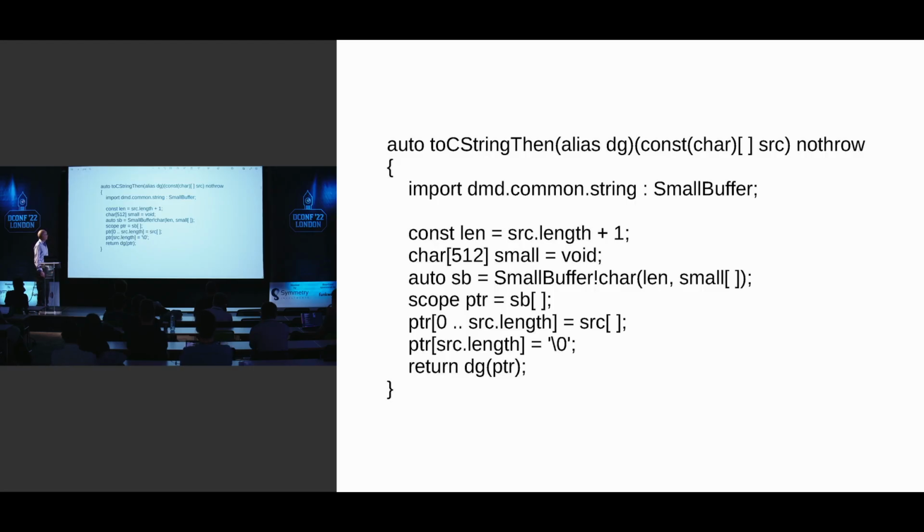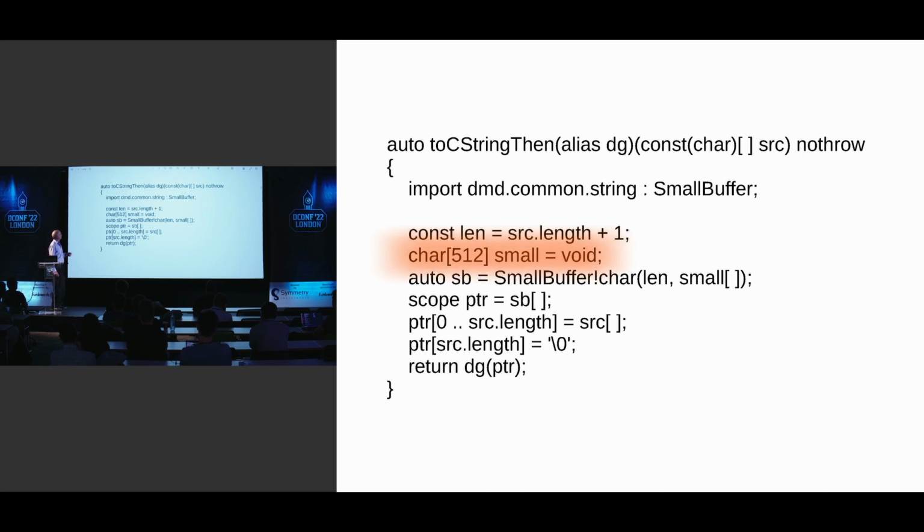And people who work on the compiler know this function as toCStringThen. And it takes 2 arguments, a delegate. Now it's important to note there that the delegate is passed by name, not by a value. And there's the string you want to append a 0 to. So how it works is really kind of clever. You find the length that you need for the 0 terminated string.